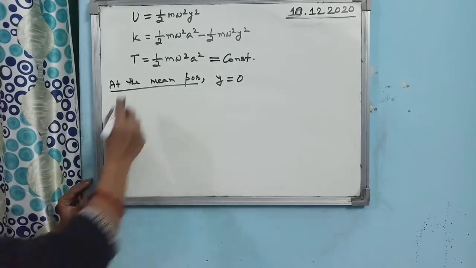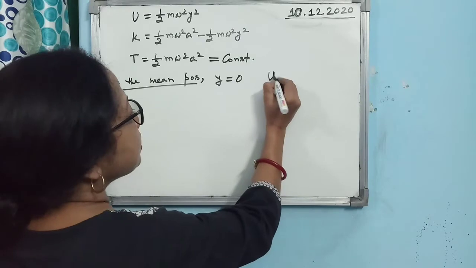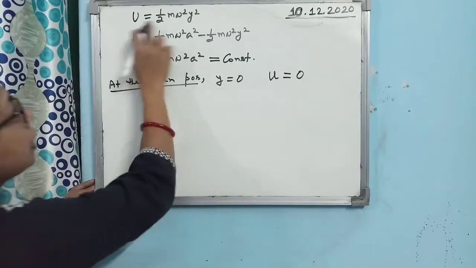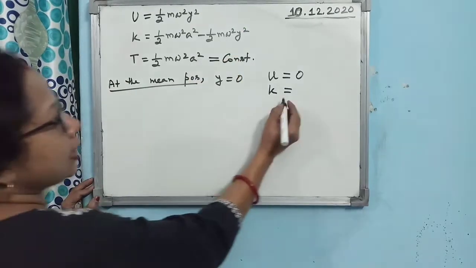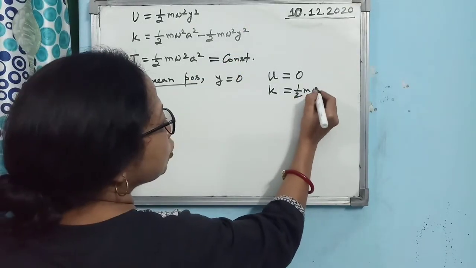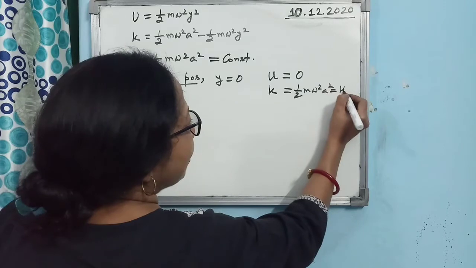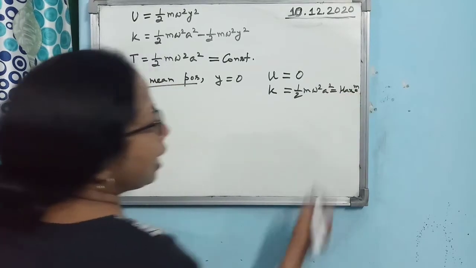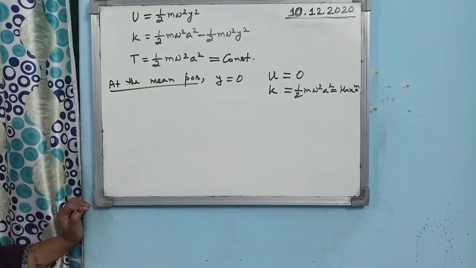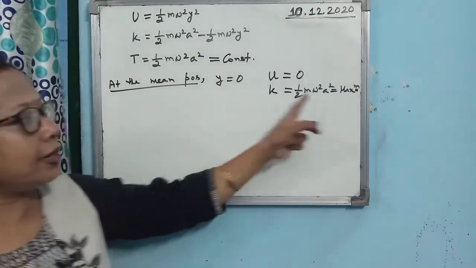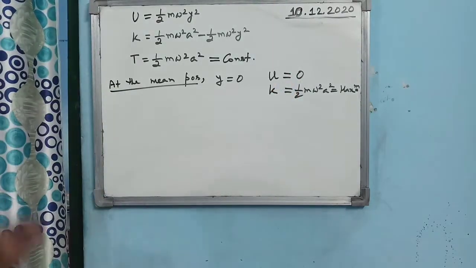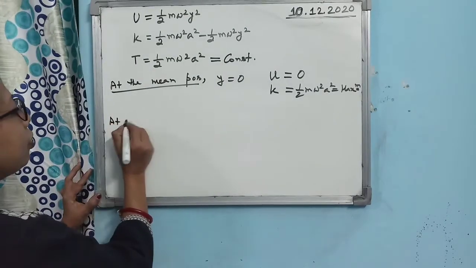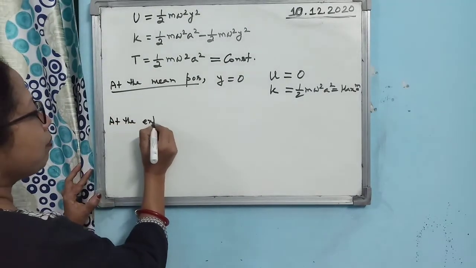So potential energy is 0, whereas kinetic energy is half m omega square a square, that is maximum, because at the mean position velocity is maximum.